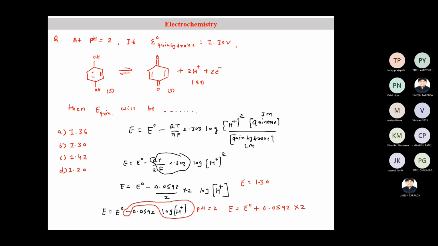So what is E? This is 1.30 plus 0.0592 into 2. So it becomes 0.11 something.